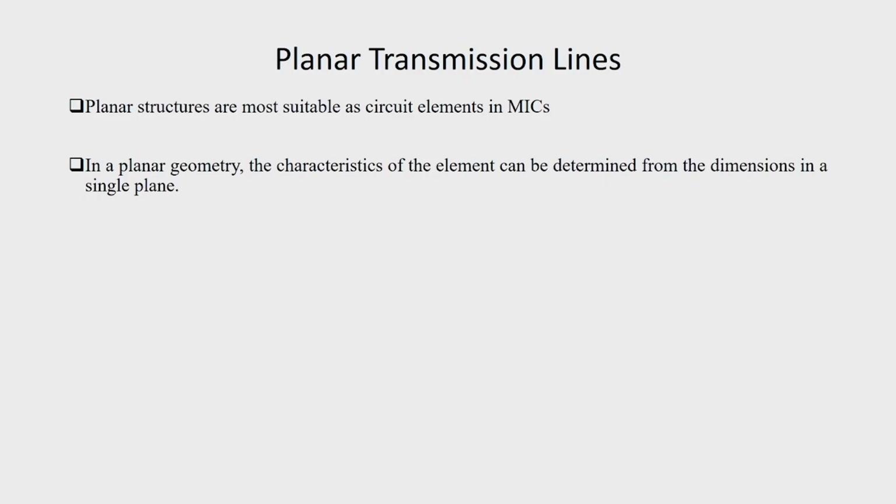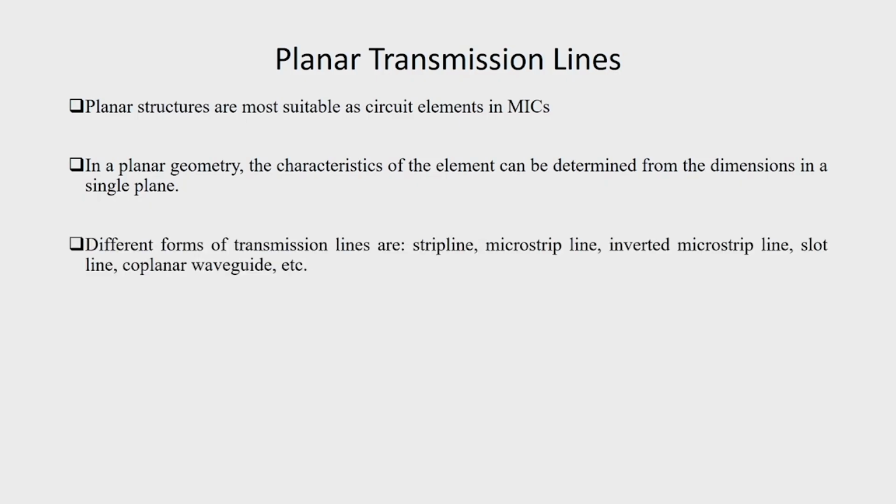In a planar geometry, the characteristics of the element can be determined from the dimensions in a single plane, and different forms of transmission lines are strip line, microstrip line, inverted microstrip line, slot line, coplanar waveguide, fin line, etc.